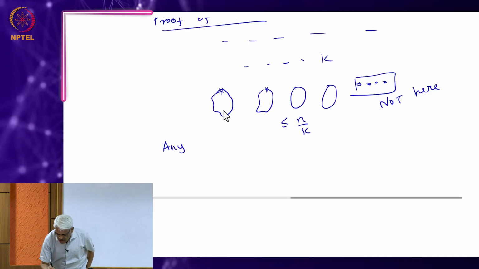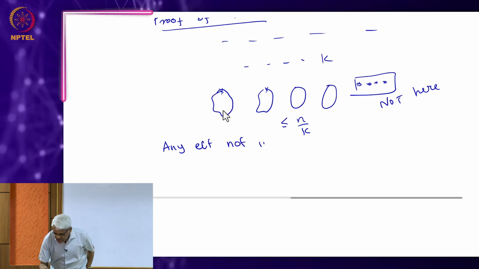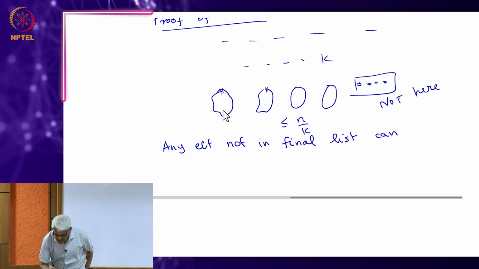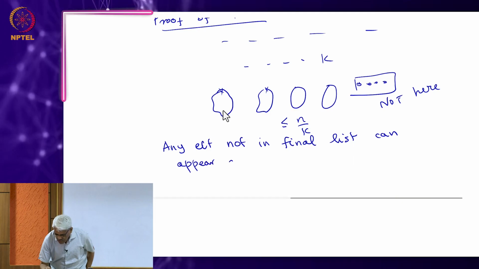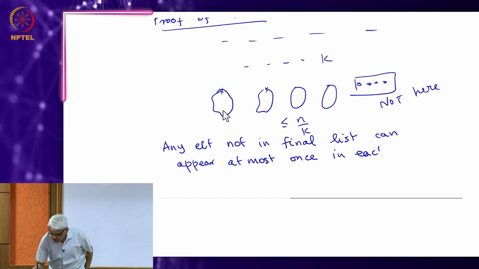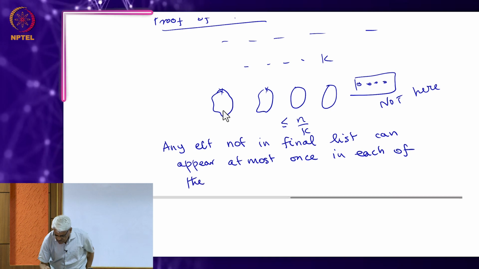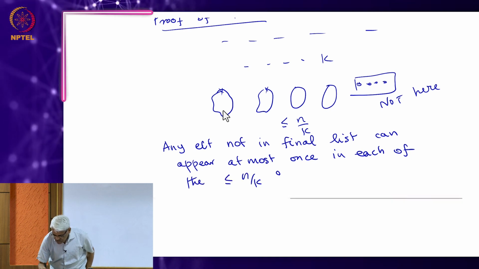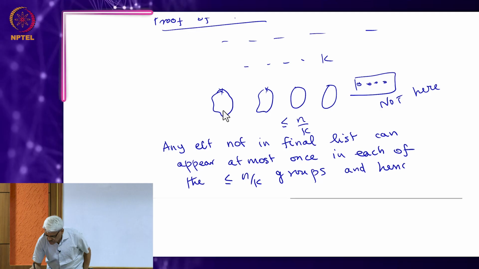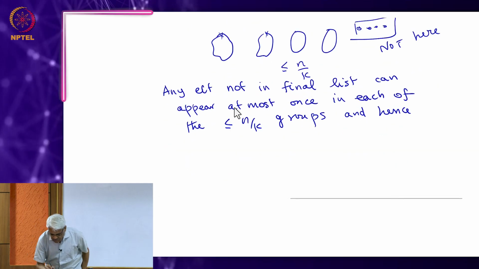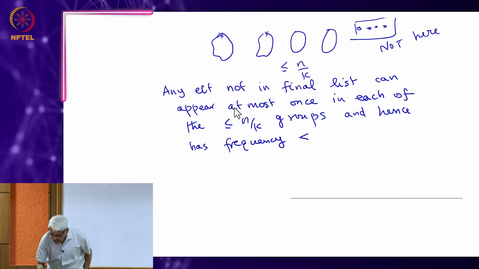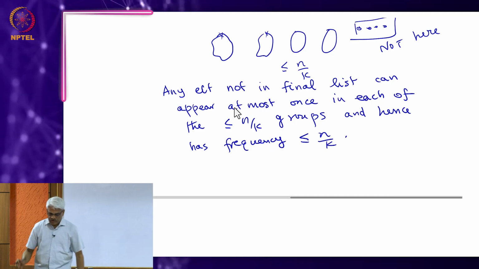So, any element not in the final list can appear at most once in each of the groups. That's it.